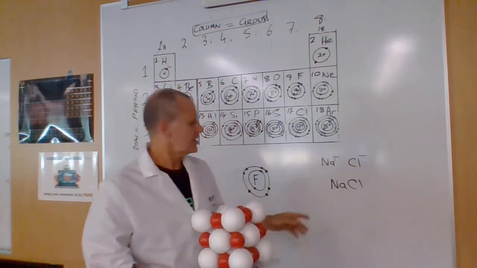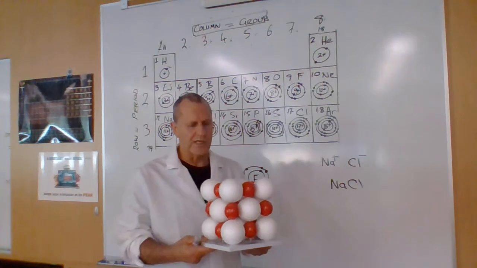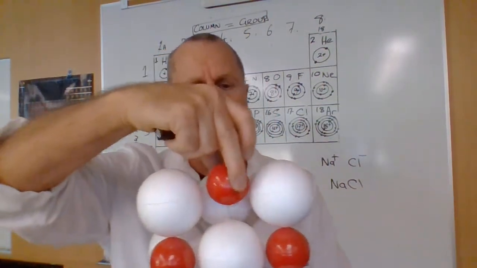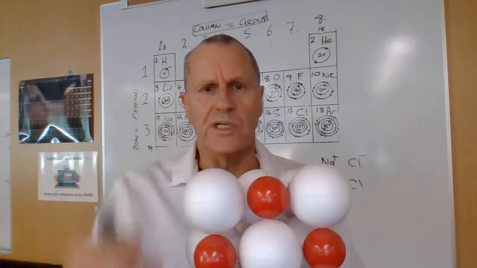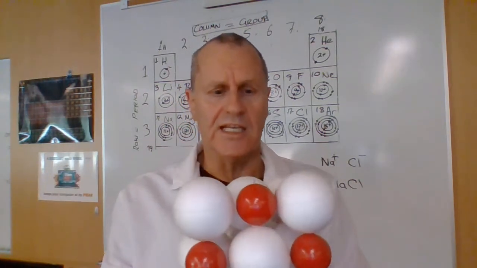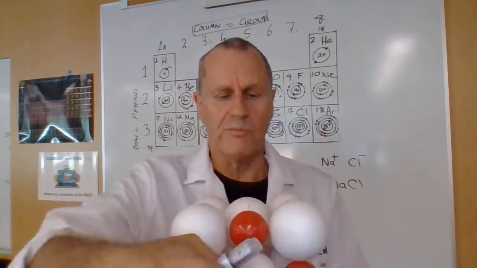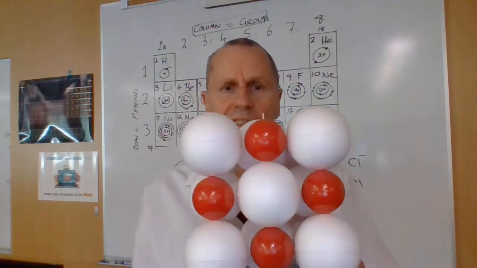In reality, there's not just one sodium and one chlorine. Because if I look at them like this, if the little red ones here are the sodium and the larger ones are the chloride, we can see that every sodium tends to attract a whole bunch of other ones around it.